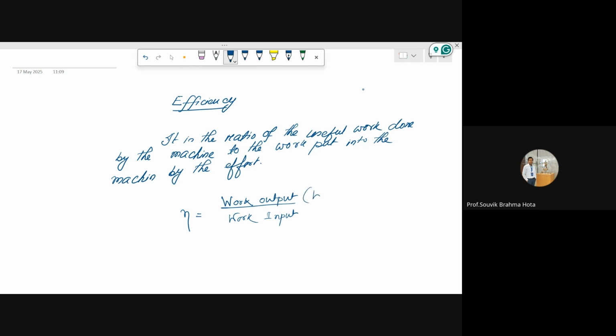So I can write W output by W input. And then, to get the efficiency, you need to multiply it by 100. Again, it doesn't have any unit. So this is about the terminologies frequently used in machines.